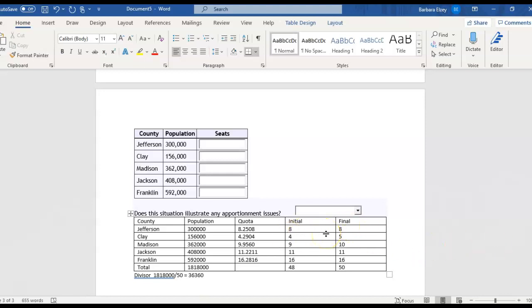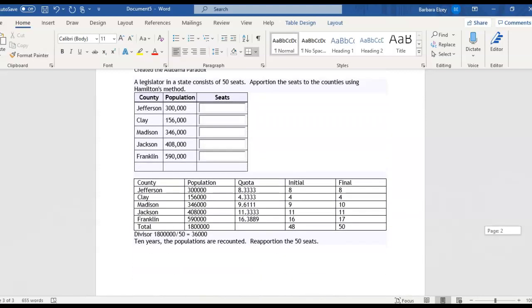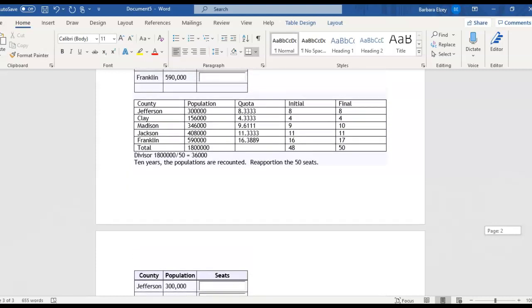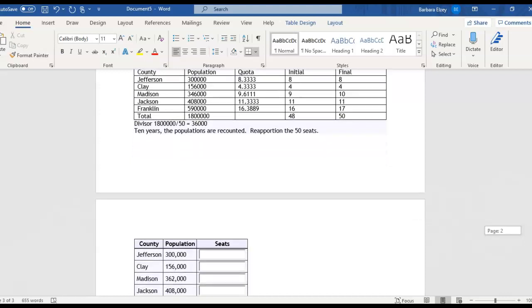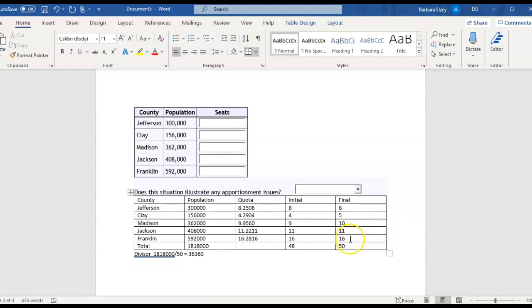Madison, the one we thought should get a seat, did not get a seat because it's still at 10, and it was at 10 previously. But let's notice what did happen. Franklin had 17 seats in our final allocation last time. Its population did grow by 2,000, but it lost a seat. It lost the seat to Clay, which didn't grow at all.